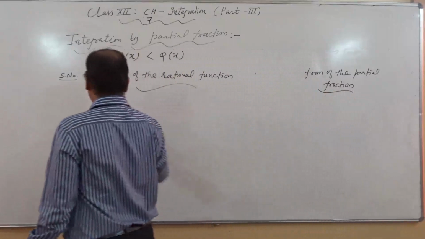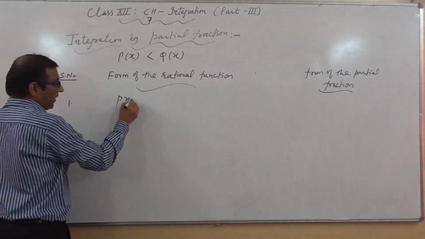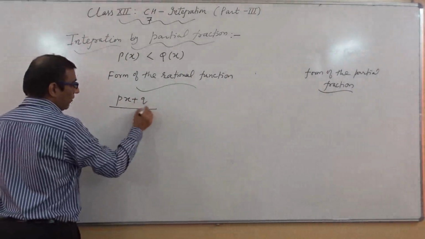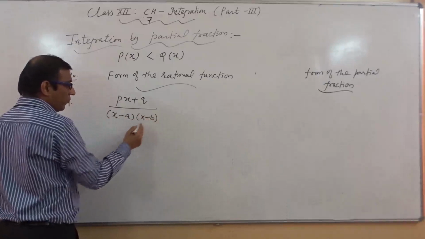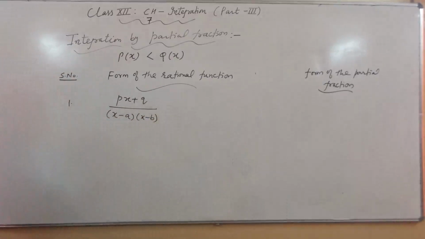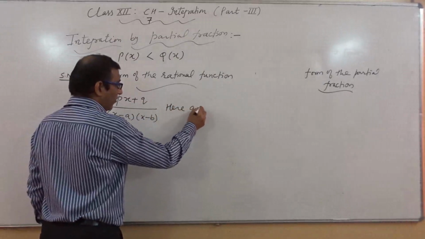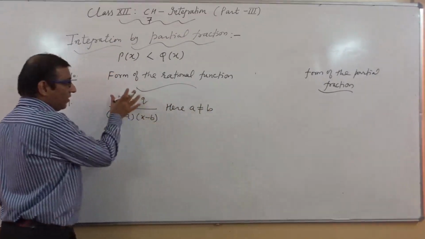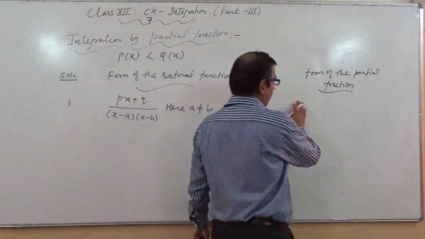So this is the table. First we will take the first point, (px plus q) upon (x minus a) into (x minus b), where x minus a and x minus b both are prime factors, and here a is not equal to b. So this is the rational function, and how can we write it in the form of partial fractions?